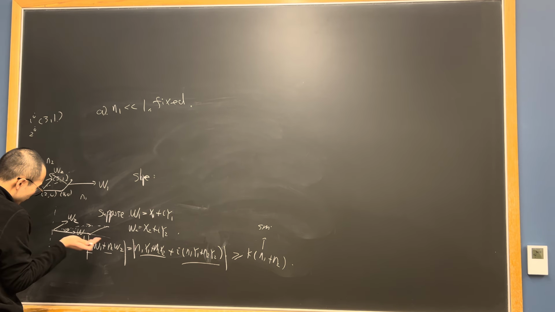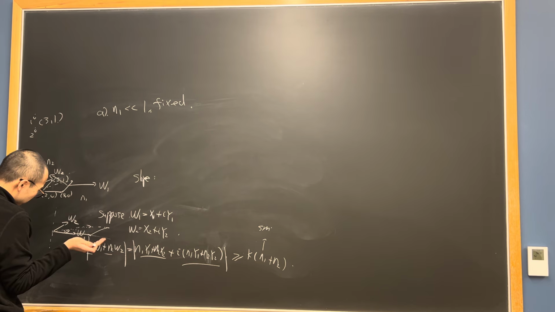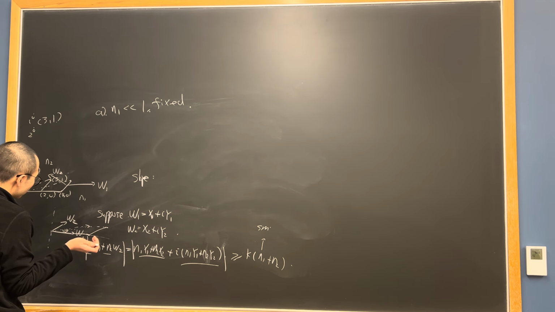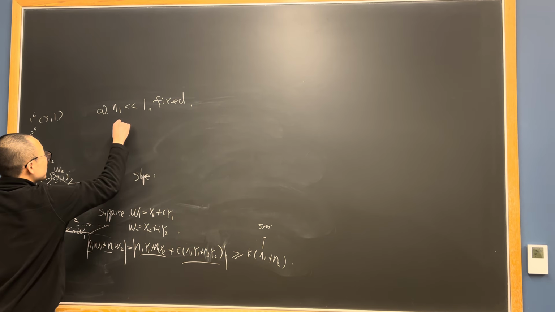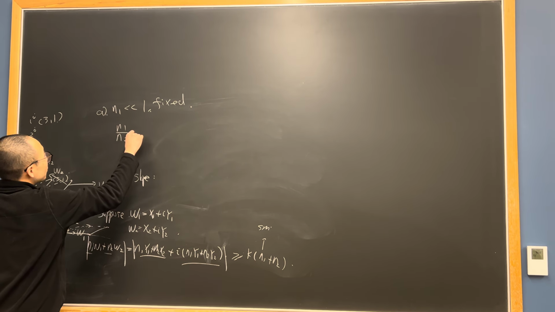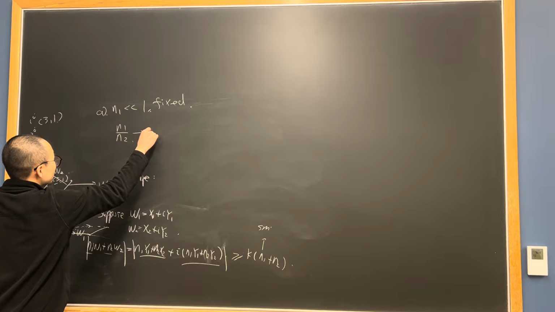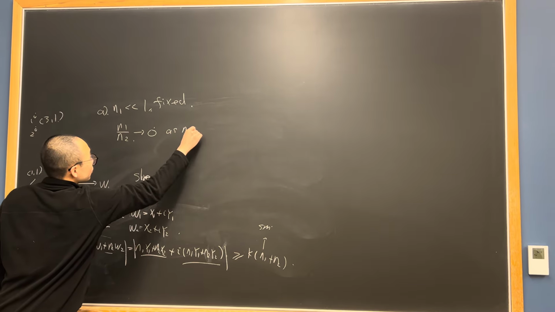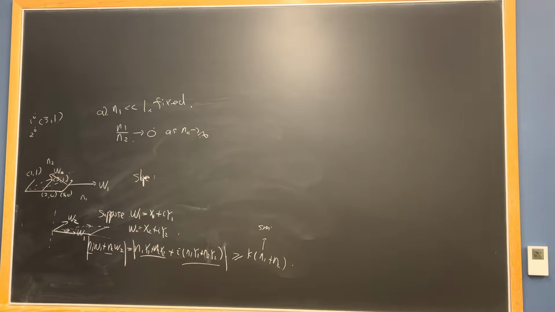Eventually, the ratio will go to 0, right? As this n2 goes to infinity.